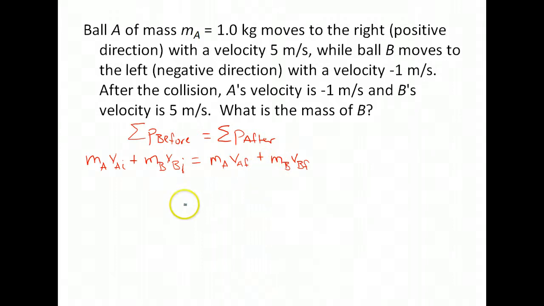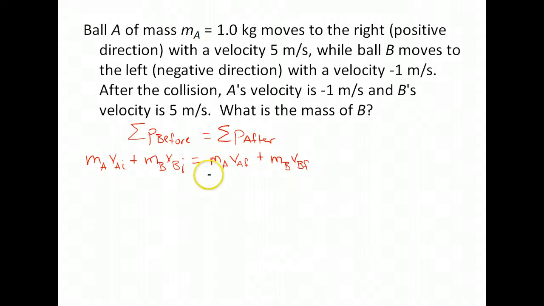Either way, in this case I'm going to rearrange this and solve for the mass of B. To do that, we've got to get the mass of B on one side and the mass of A on the other side. So let's flip-flop that.